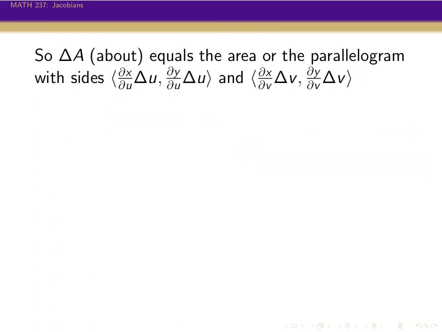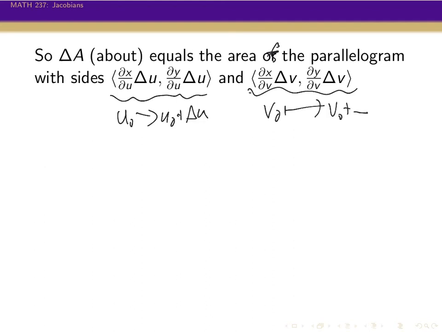So delta A is about equal to the area of the parallelogram with sides partial of x in terms of u, delta u, and partial of y in terms of u, delta u. This is coming from going from u naught to u naught plus delta u. And then partial of x in terms of v, delta v, and partial of y in terms of v, delta v. This is coming from v naught going to v naught plus delta v.